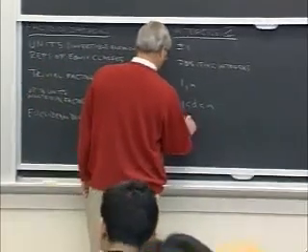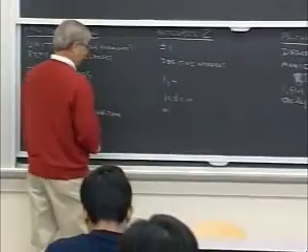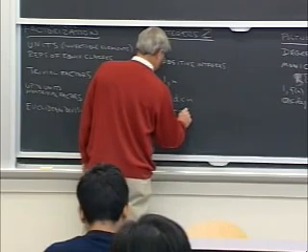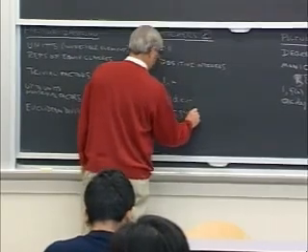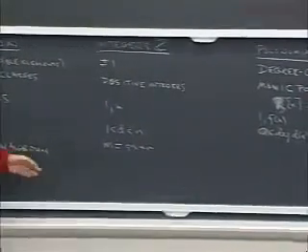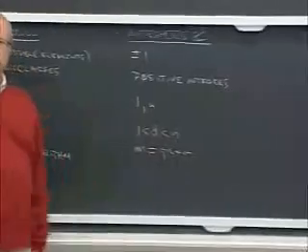I've forgotten what I put in the notes. Then we go through division, and we find that m is equal to q, some quotient, times n, plus a remainder r. This is standard grade school division, but it's really the key to the universe in talking about these two domains.